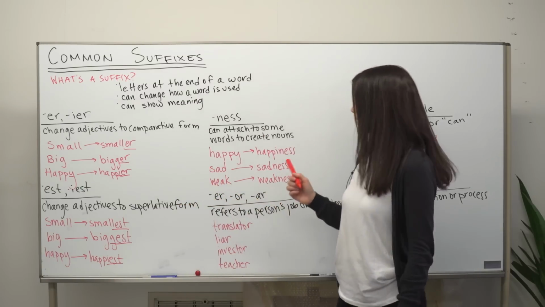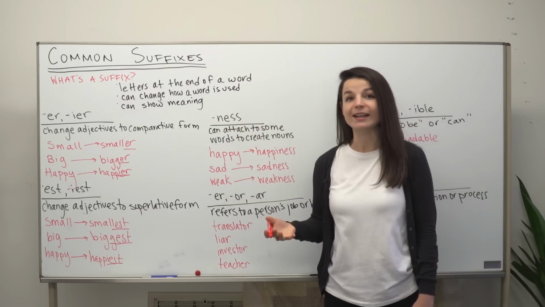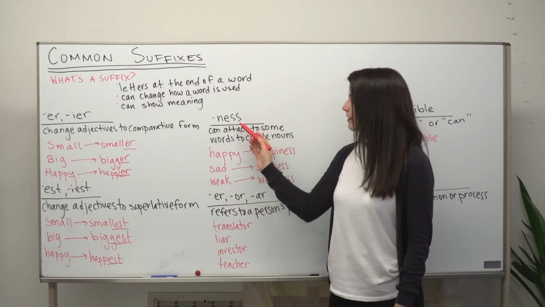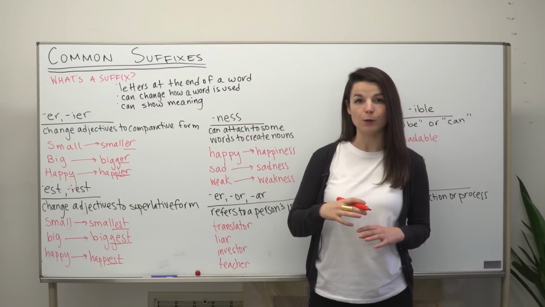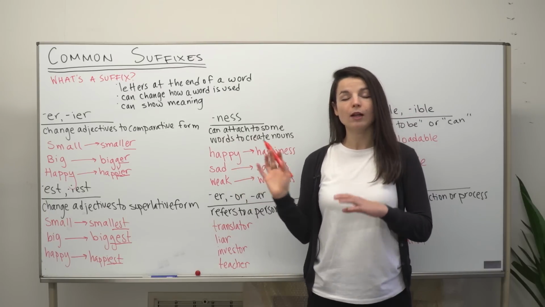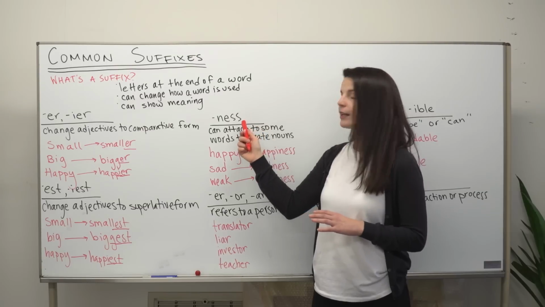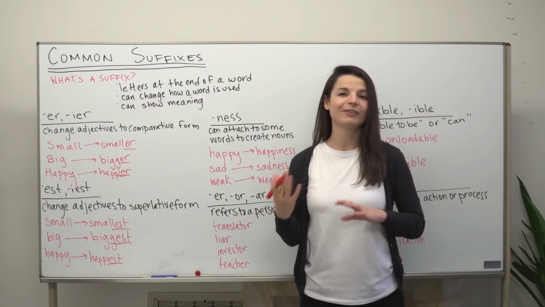Let's look at another one though. Let's look at the suffix ness. So this suffix can be attached to some words to create nouns. So again, let's look at a few examples, and also please be careful. We cannot attach ness to all words to create nouns. It's kind of a trick.